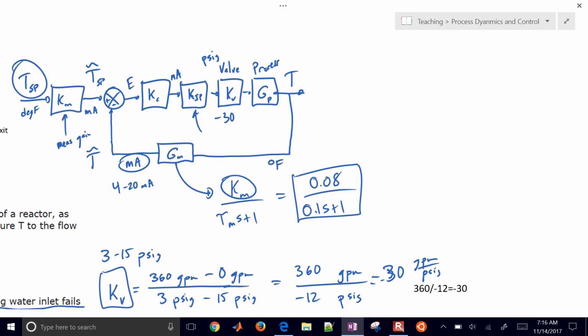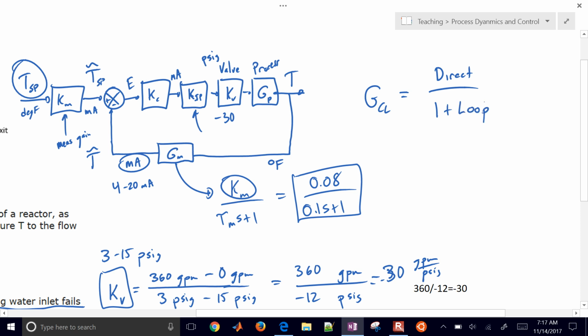Now we just need to get a closed loop transfer function. Here are all the individual pieces. One of the ways I like to do this is direct divided by 1 plus the loop. That's kind of a shortcut way.